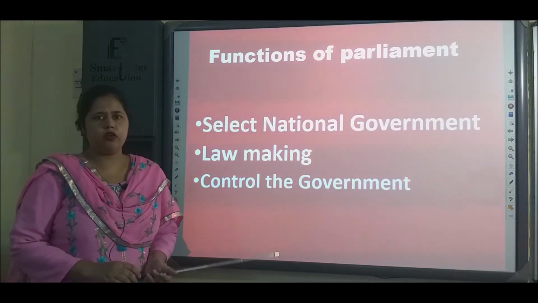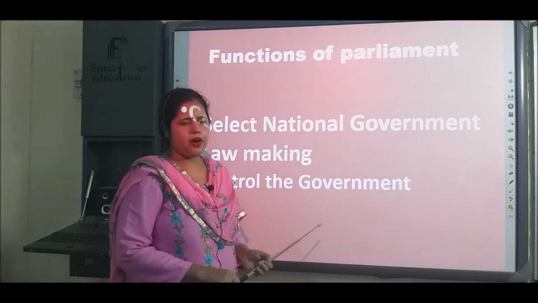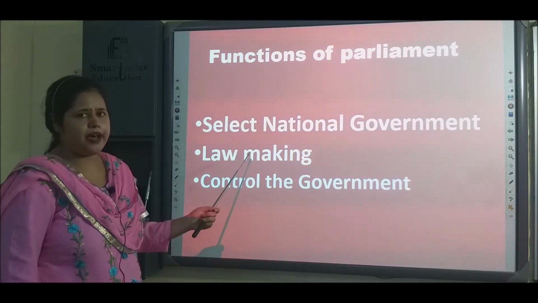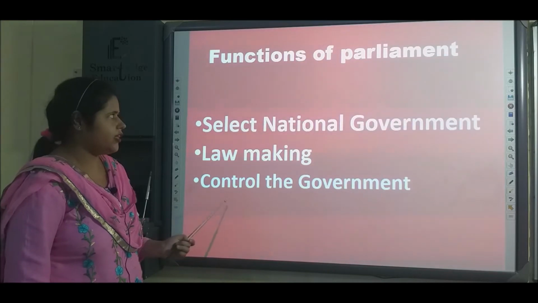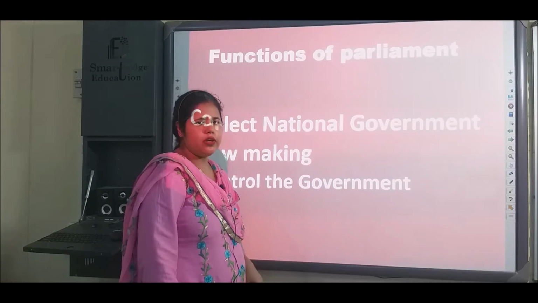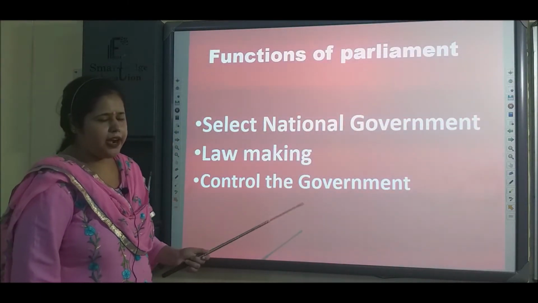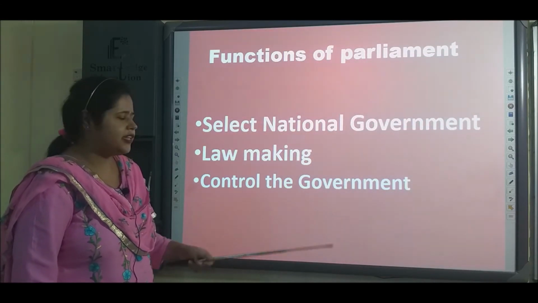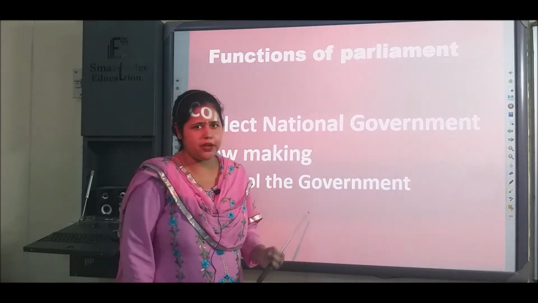Each and every law first goes to Lok Sabha and after that is passed in Rajya Sabha, and that becomes law. By making law, they are governing the country. Controlling the government is also done by parliament. It sees whether the state governments or central governments are doing their work according to the constitution or law which the parliament has made.